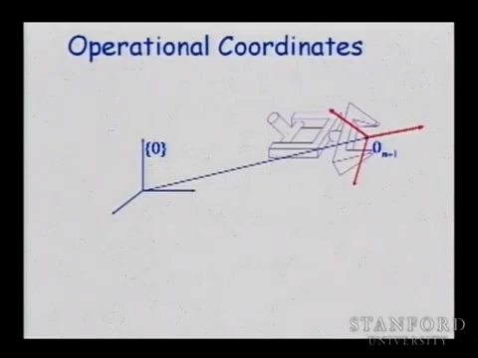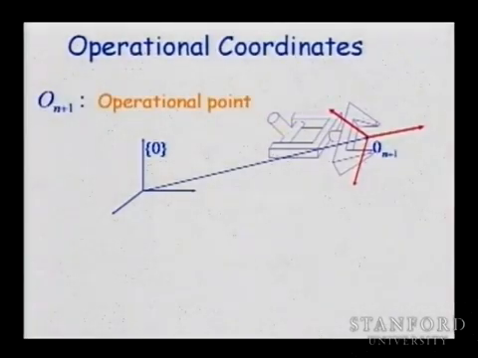So a particular set of coordinates that we are interested in is this set of independent coordinates. We call them operational coordinates, or task coordinates, essentially there we are looking at the operational point where the robot is acting, where we define the task. So for instance, if I'm going to grasp, the task is somewhere in the middle between the two jaws. As I move, this is the point I'm controlling.